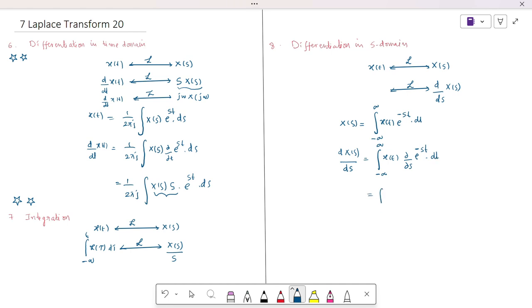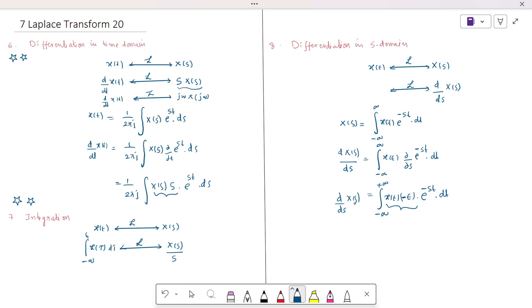So the integral from minus infinity to plus infinity of x of t, with respect to s, minus t is a constant. So minus t into e power minus st dt. So this is d by ds of X of s. In the previous continuous case, we got minus jt. Then we sent the minus jt to the left side, that 1 by minus j becomes j.